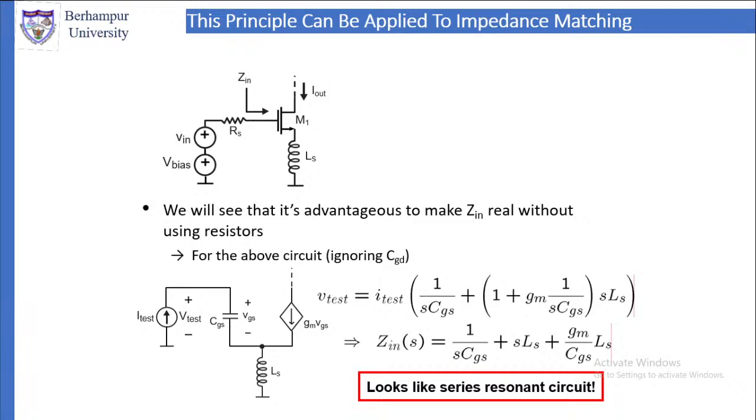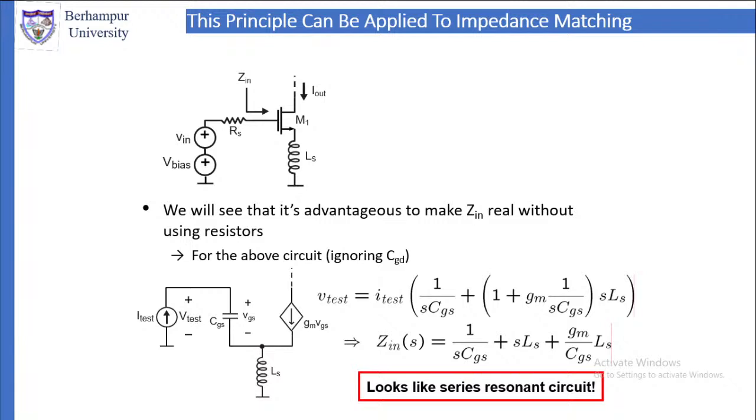Use the equivalent circuit of the CMOS. The equivalent circuit is given at the bottom. Look at the equivalent circuit. I test is the test current that you are giving, and that goes through CGS.